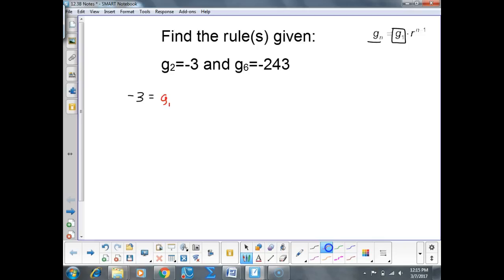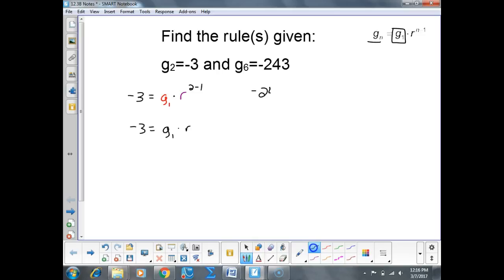I don't know what my R is, but I know that n is 2. So I get 2 minus 1. Okay? Simplify that, make it look nice and pretty. Negative 3 equals G sub 1 times R. This is the first part. Okay? Then I go to the next one.